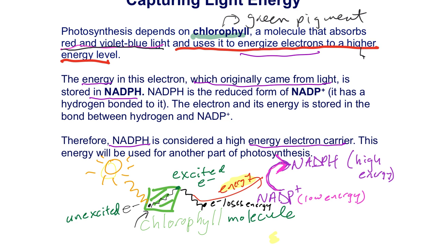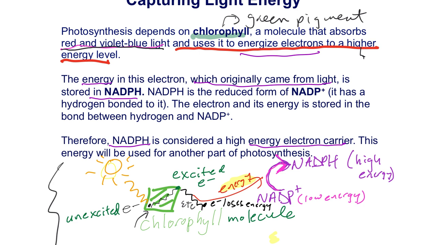So what happens is, look at this picture, the sunlight excites the electrons in a chlorophyll molecule. And those electrons fall down an energy transport chain. These are molecules that pass the electrons along, so we call that the electron transport chain.